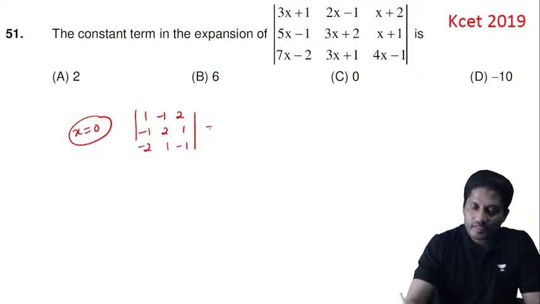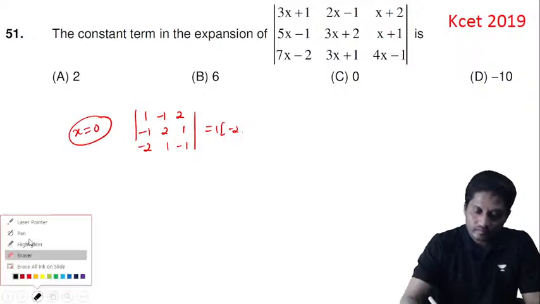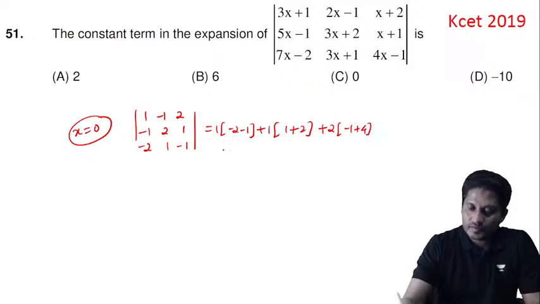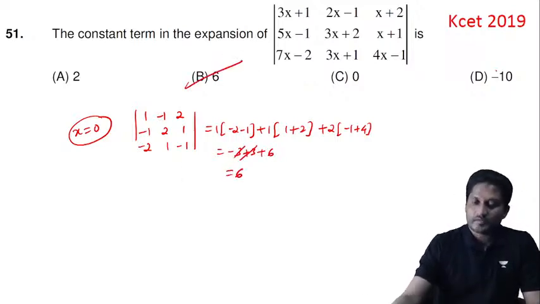If I expand the determinant, minus 2, minus 1, plus 1 into delete first row second column, you will get 1 plus 2, and delete first row last column, you get minus 1 plus 4. So this is minus 3 plus 3 plus 6. This will cancel. Answer will be equal to plus 6. Answer is option B. Let's move to the next question.